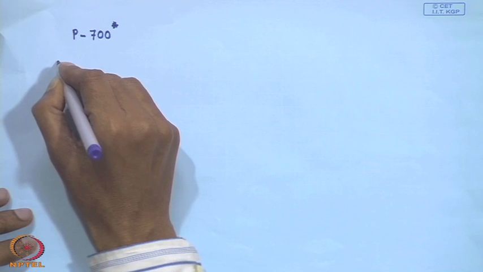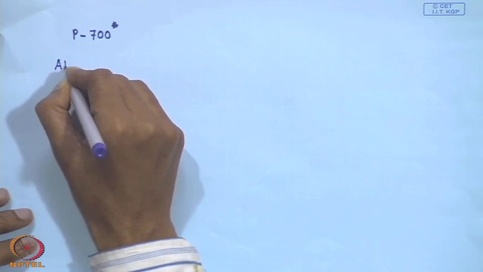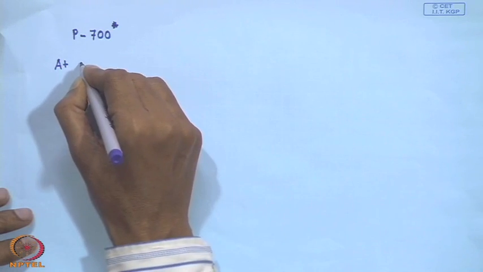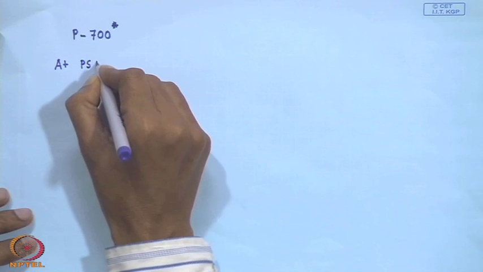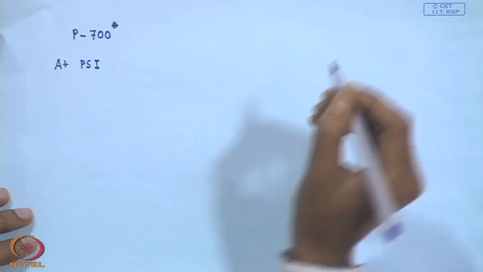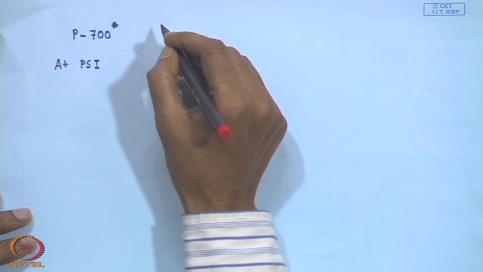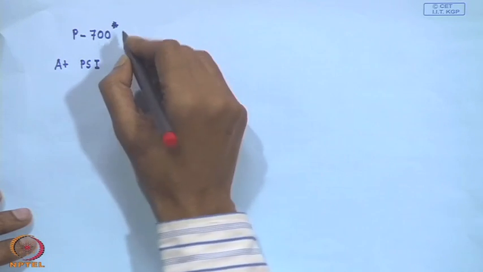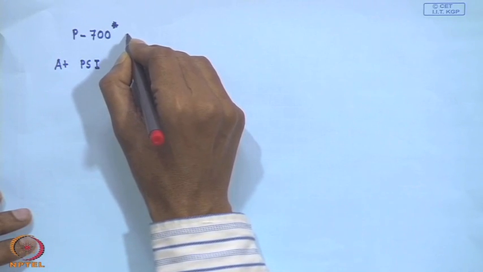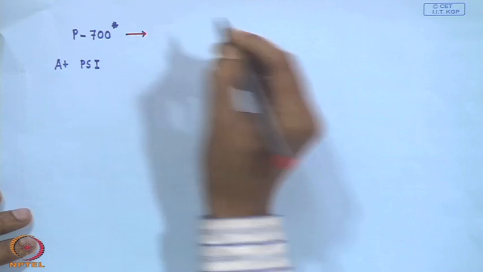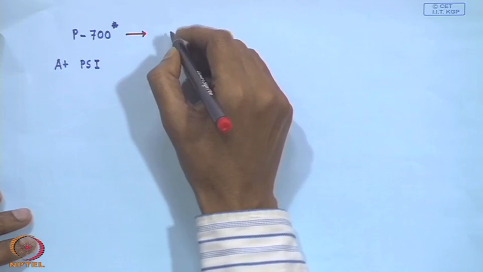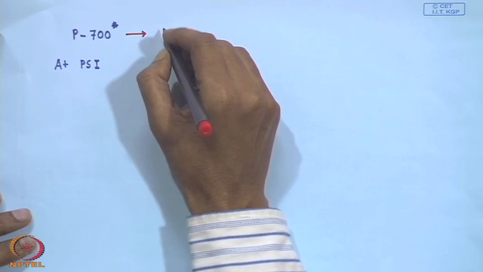This particular one is residing at PS 1, so at PS 1 we get P700 starred. From there we have some electron, and at the next point it is reacting with the ferredoxin.